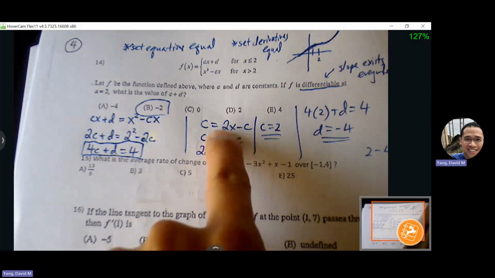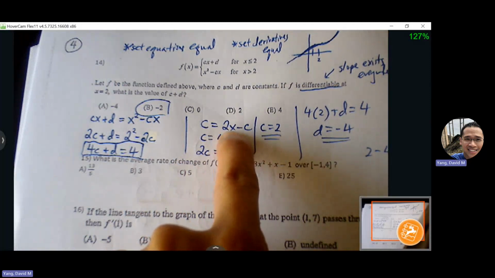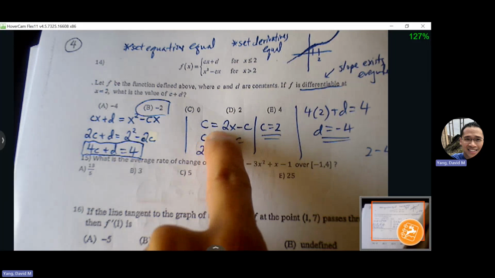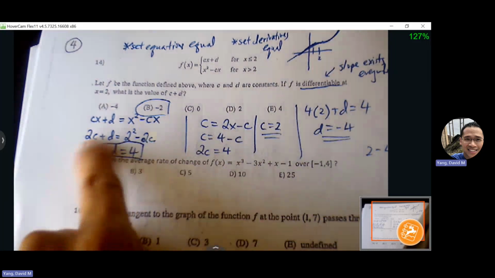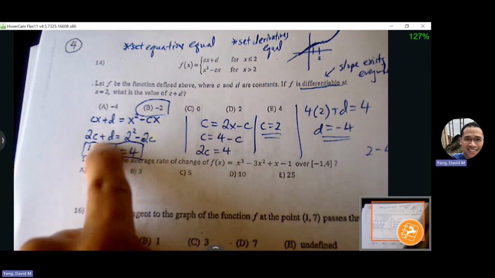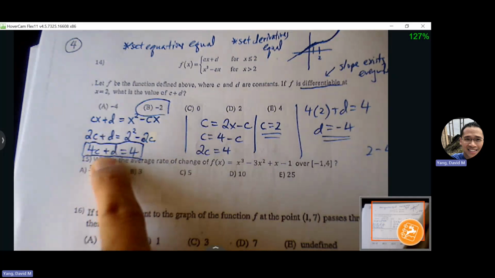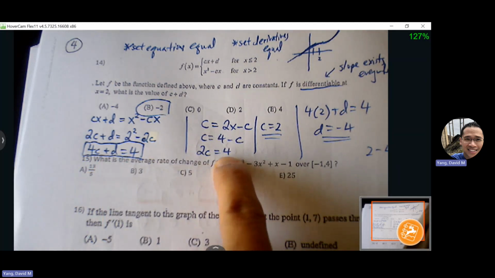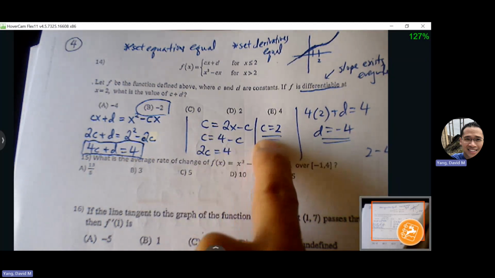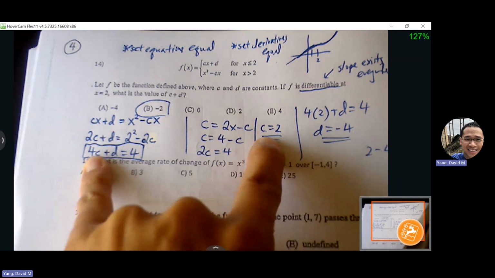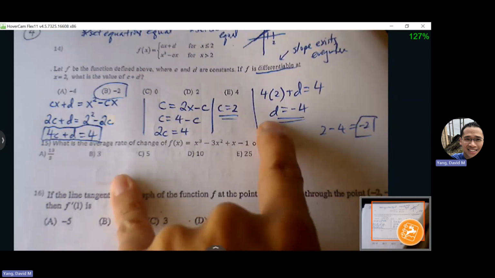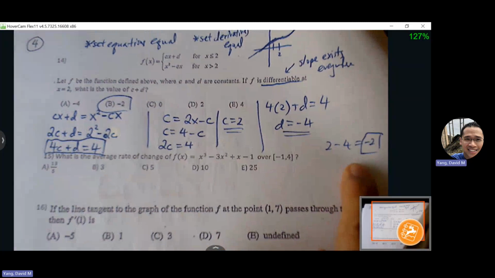If I have the derivative set up, replacing x with 2, because we know they must share the same slope at 2, and before the derivative, we got 4c plus d equals 4, which still requires some additional information. We have too many unknown values, but if we set the derivatives equal to each other, we solve for c, and we get c equals 2. If I have a c value, I can plug in and solve for d. D is -4, so 2 minus 4 is -2.